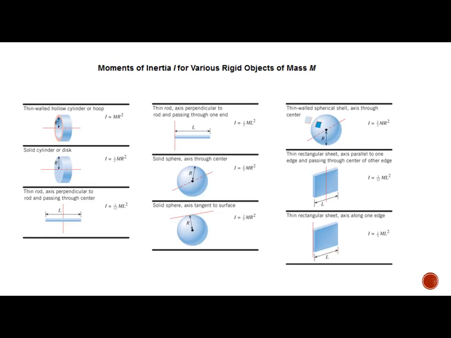One of them is a thin-walled hoop or cylinder, where the moment of inertia is m r squared. One is the solid cylinder or disk, where the moment of inertia is one half m r squared. Then there's the solid sphere, either rotating through the center or thin-walled sphere through the center. A solid sphere which is rolling around something. And then we have some for rectangular sheets.